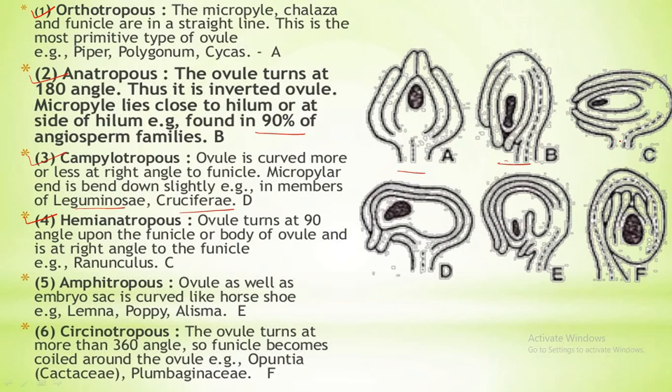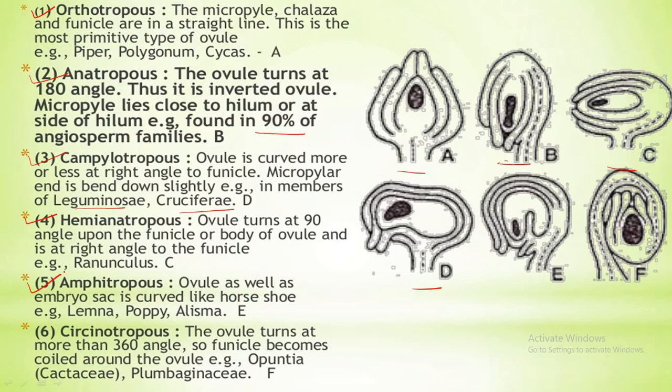So this is the funicle and at a right angle to it the whole ovule is present. So this is campylotropous. The fourth one is hemianatropous, where the ovule turns at an angle of 90 degrees upon the funicle. That is hemianatropous.